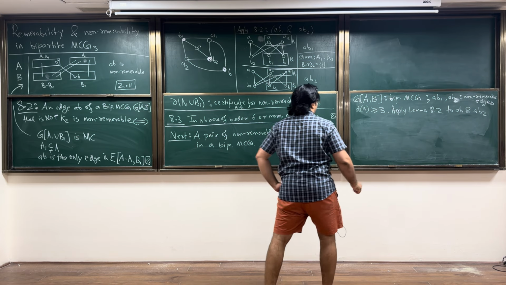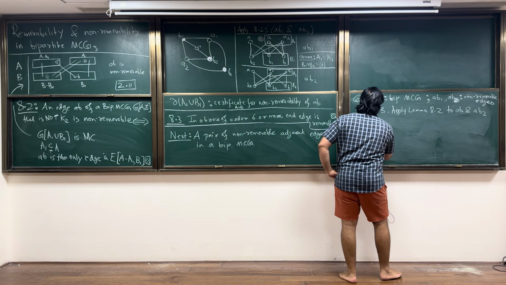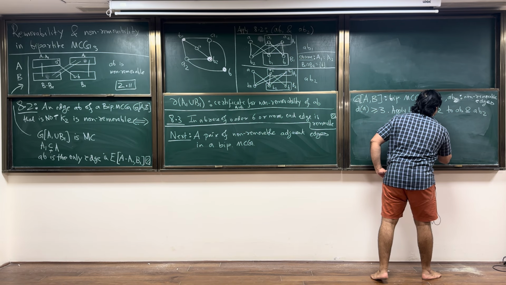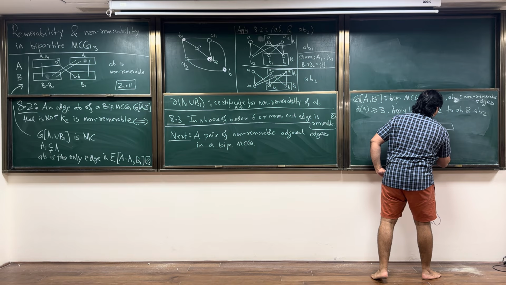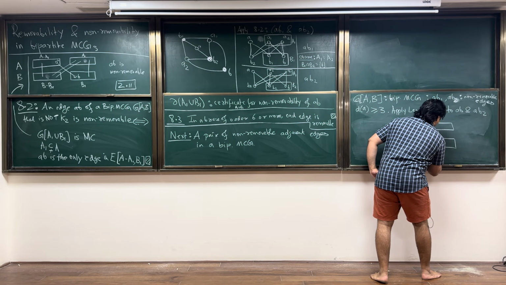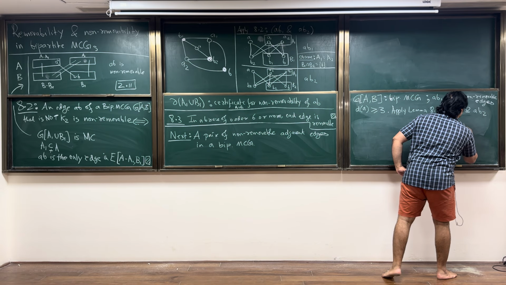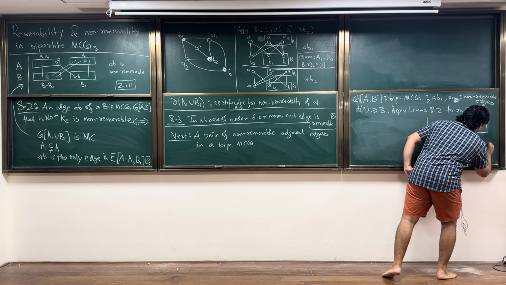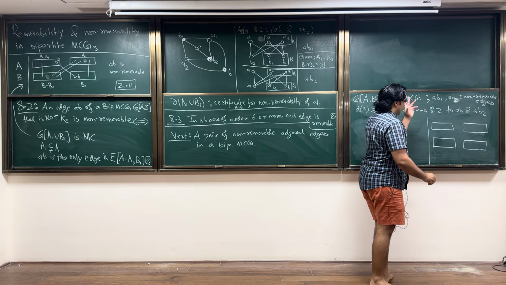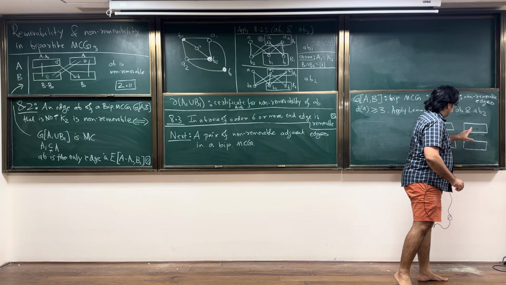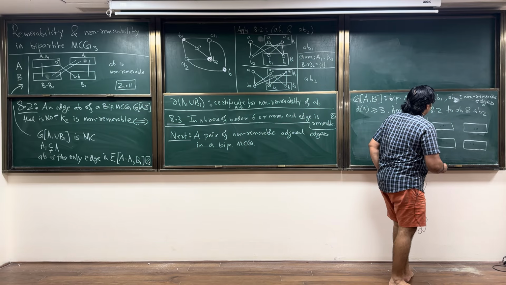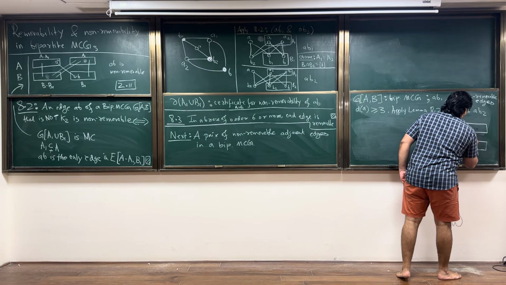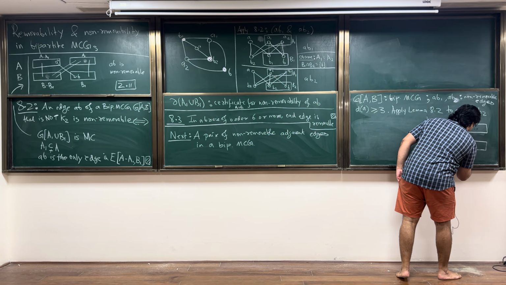I'll make a drawing. I'll make 2 drawings maybe. I don't know about the cardinalities. All I know is that this is equal to this is equal to this in cardinality. I know the vertex little a is here. The vertex little b1 is here.